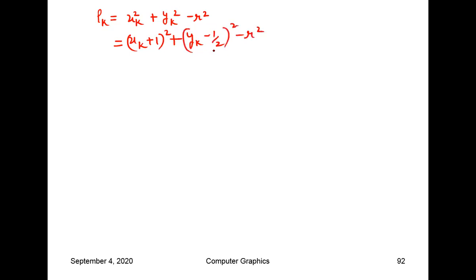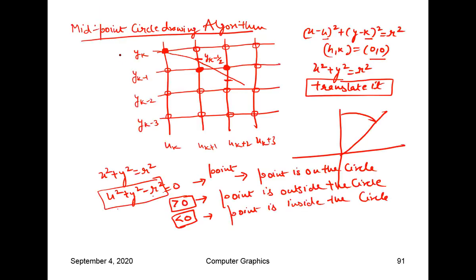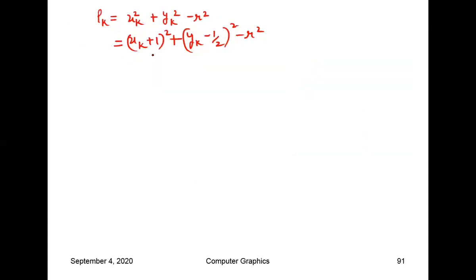Means we have to see for that middle point whether it is lying outside the circle or not. Minus r square. Okay. So this point is basically xk plus 1 and yk minus 1 by 2. So we have to see whether it is lying outside or inside the circle.